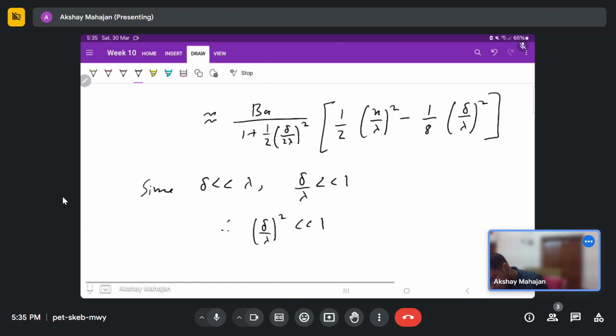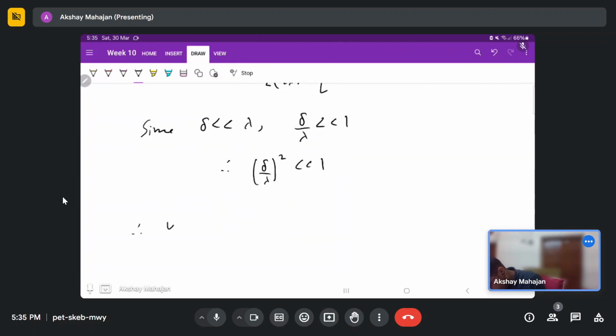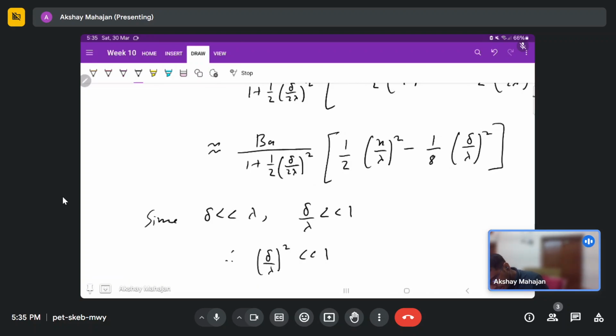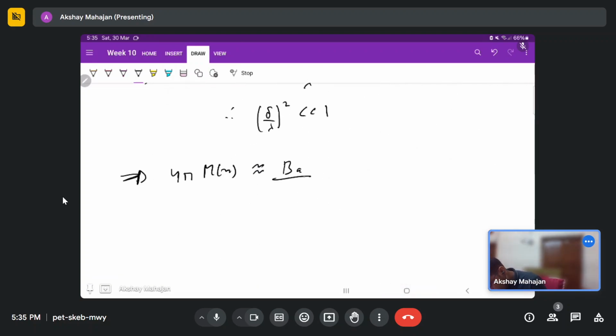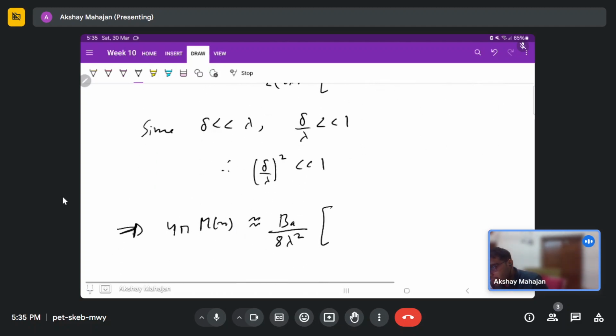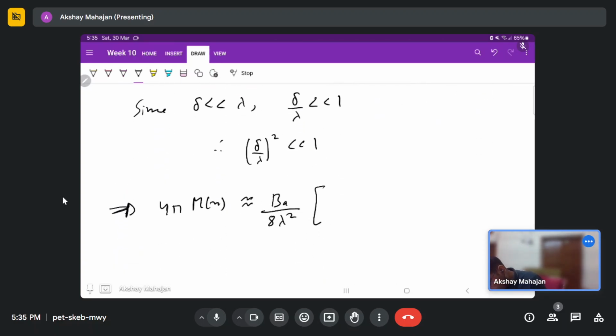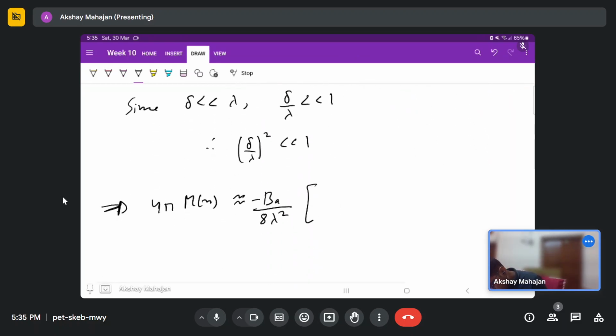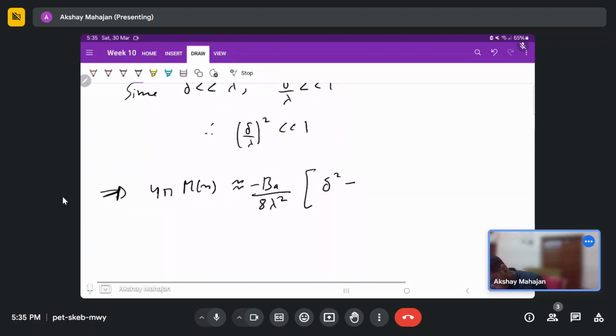This square will be way smaller. So this implies our 4π times M(x) we can further approximate to Ba times, I can take 8 times lambda squared common, and I will take a minus sign also common, minus 1 by lambda squared. So what we will get is δ² minus 4x².